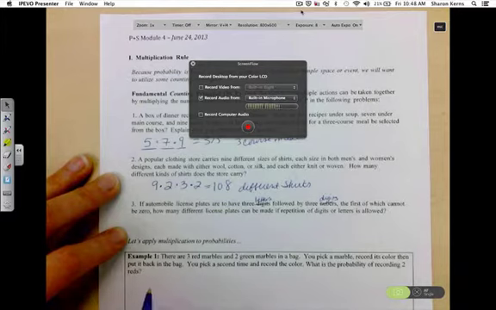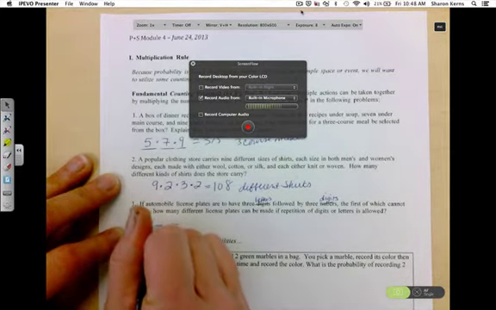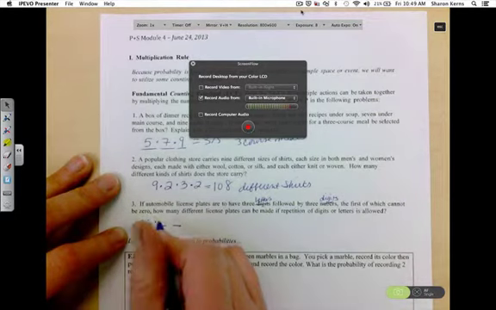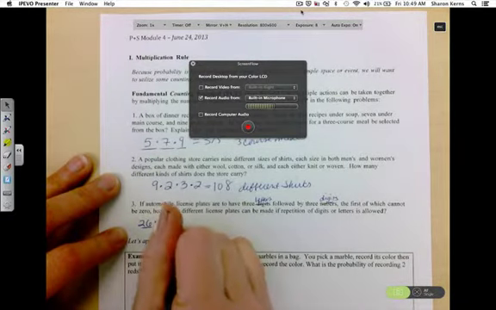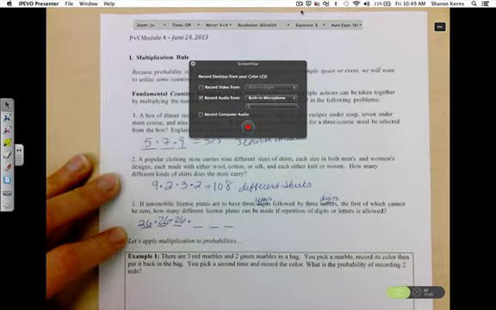Okay, so let's see. We have 3 letters first. There are 26 letters, so we'll do 26 times. There's 26 options for the first letter, 26 options for the second letter because we were able to repeat it, and 26 options for the third letter, times, now we have 3 different digits.